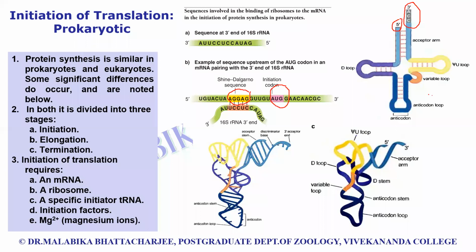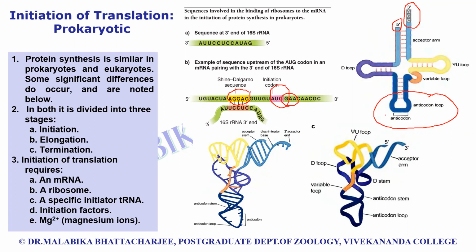So let us concentrate on the particular important loop that plays an important role during the translation machinery, that is the anticodon loop. As the name suggests, it contains the anticodon, which is a 3 nucleotide long decoding element that is responsible for recognizing the codons present on the mRNA, by base pairing with the mRNA.